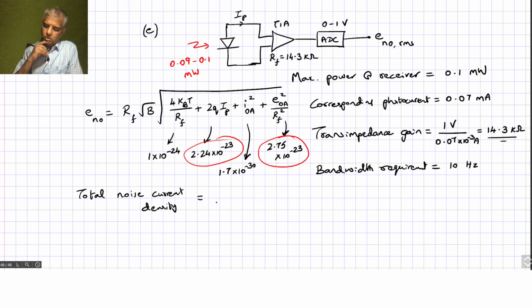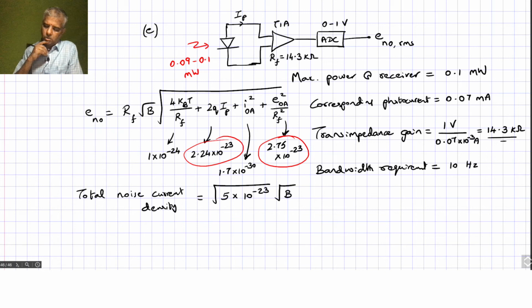So this is the square root of, you add these two components, 5 into 10 power minus 23, so square root of 5 into 10 power minus 23, times square root of B, right?